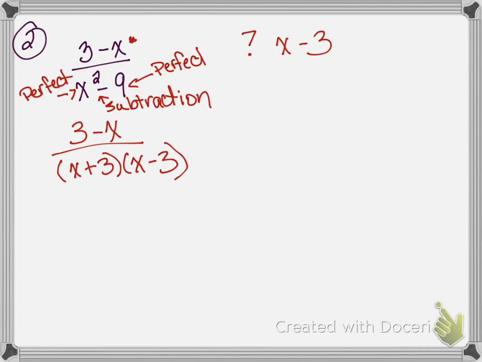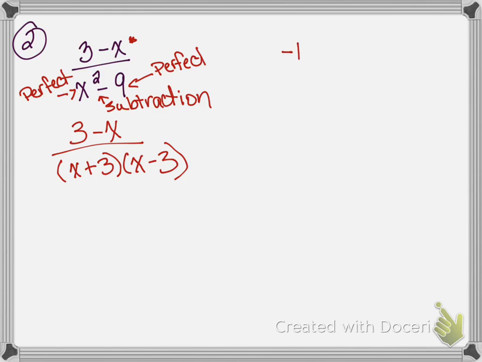Okay? Now, that 3 minus x and x minus 3 doesn't simplify, but we can make it simplify. When you see that, what you want to do is factor out a -1.